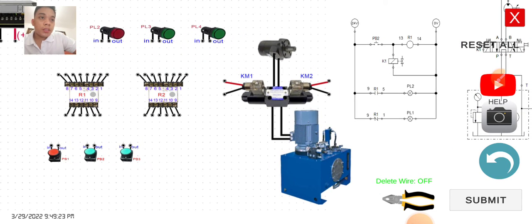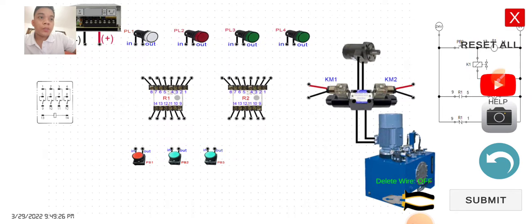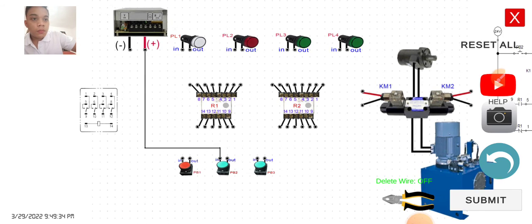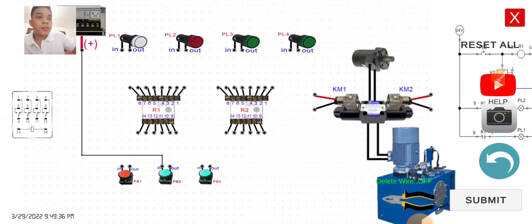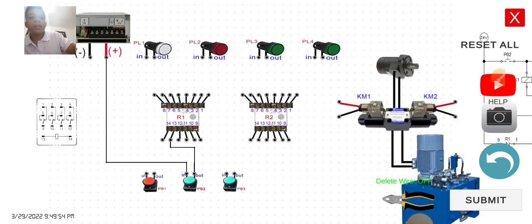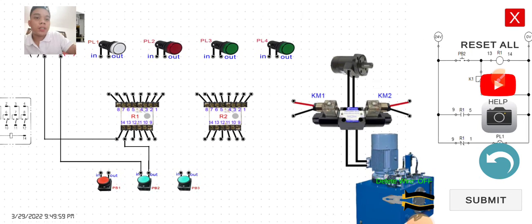This one is the 24 volts to the input of the PB2. And then the output of the PB2 to the 13. And then the 14 of R1 to the 0 volts or the negative sign. Connect.